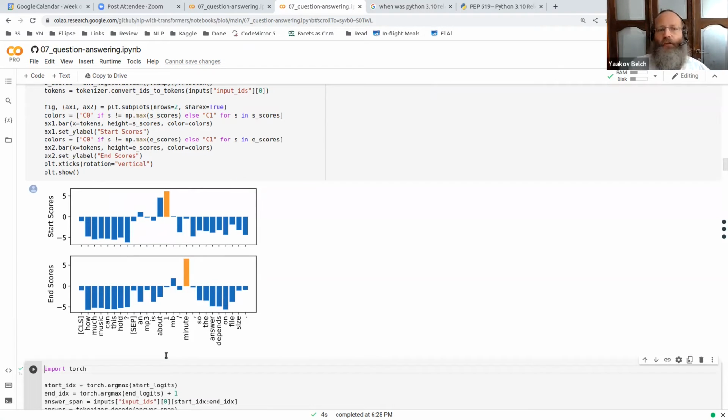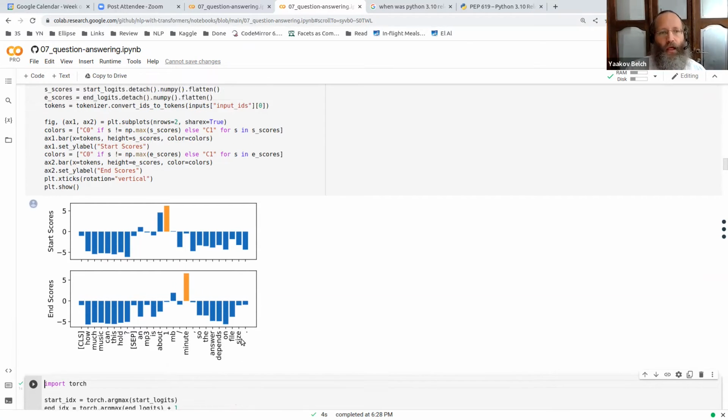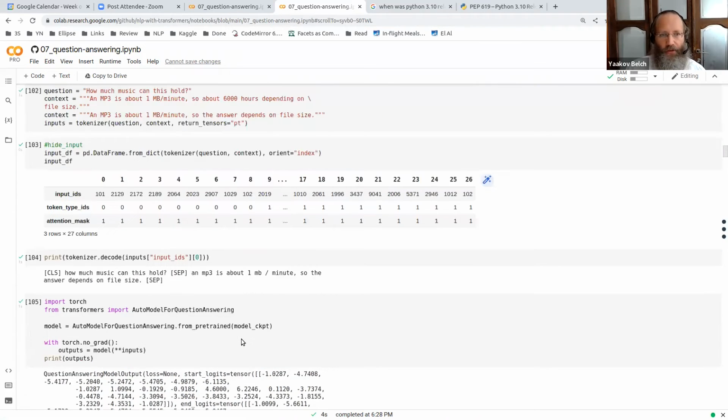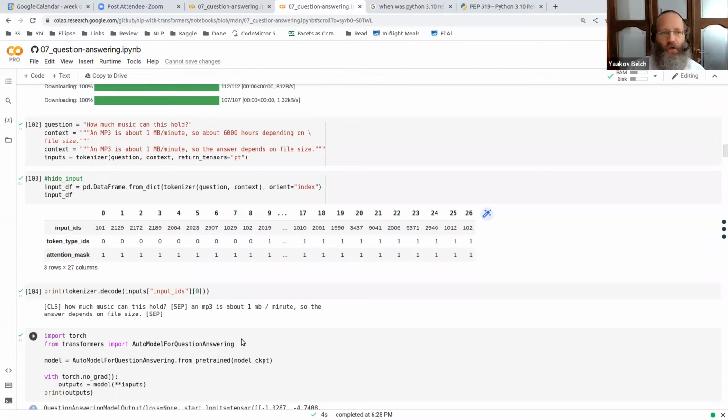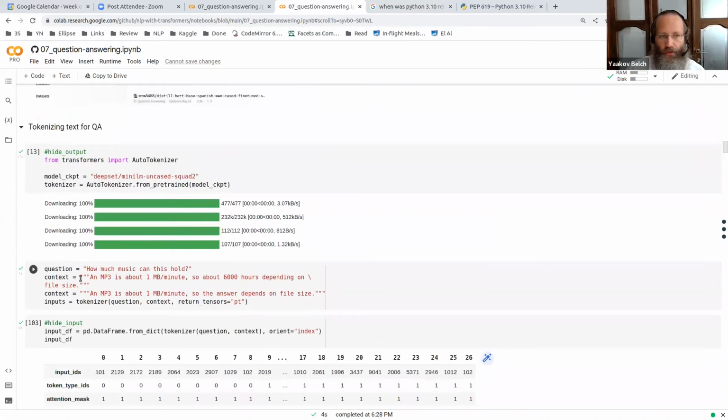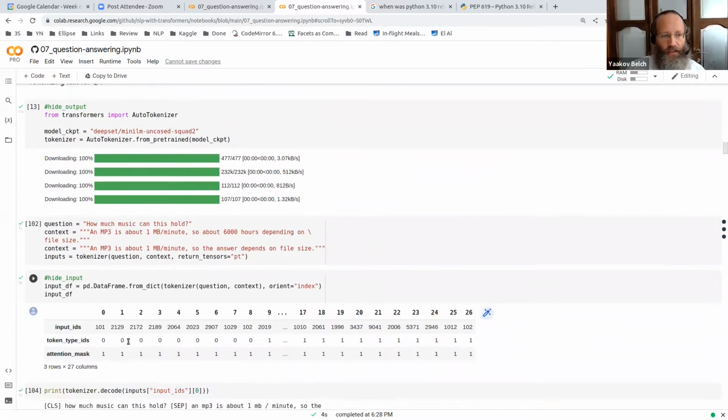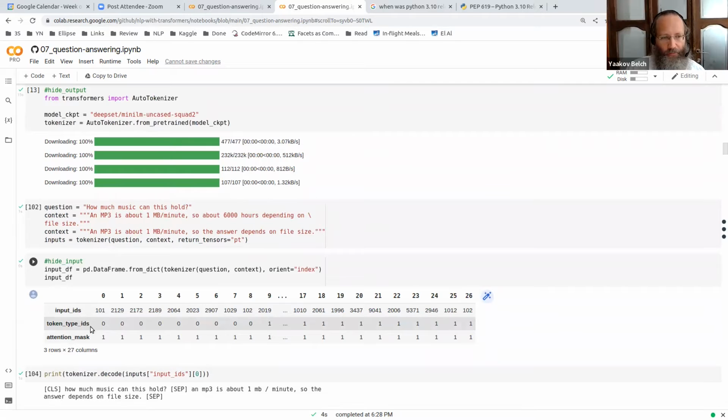Basically, the network structure for this is exactly the network structure for entity recognition, except that we have two separate outputs, one for the start and one for the end tokens. We also give an additional input, because in entity recognition we have only one text, whereas here we have two texts: the question and the context. So we provide token type IDs, a mask like an attention mask, which separates what is the question and what is the context.